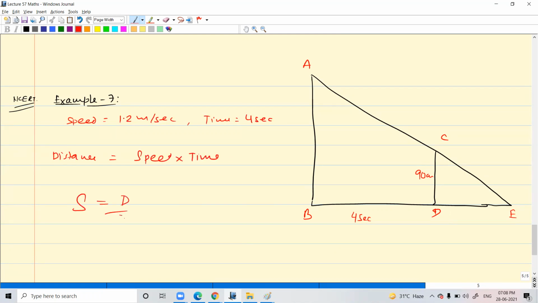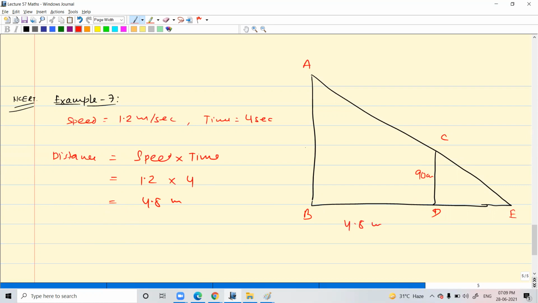Speed is equal to distance by time, this formula everyone remembers, no? Yes, sir. So from this we have distance is equal to speed into time. Speed is 1.2, time is 4, so you get 4.8 meters. This distance from here to here is 4.8 meters.